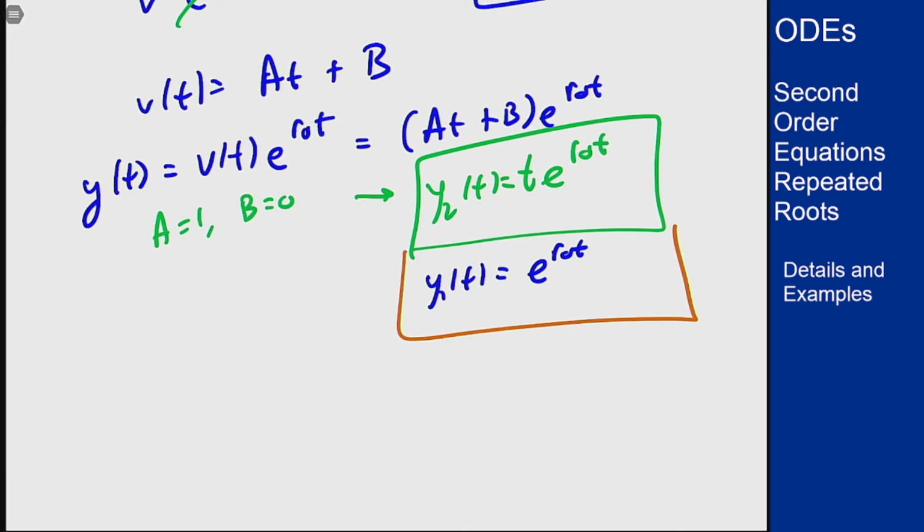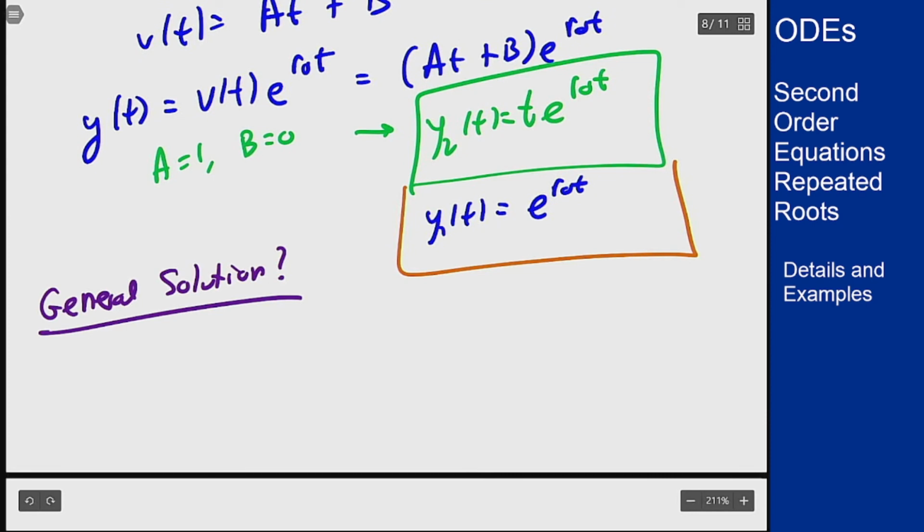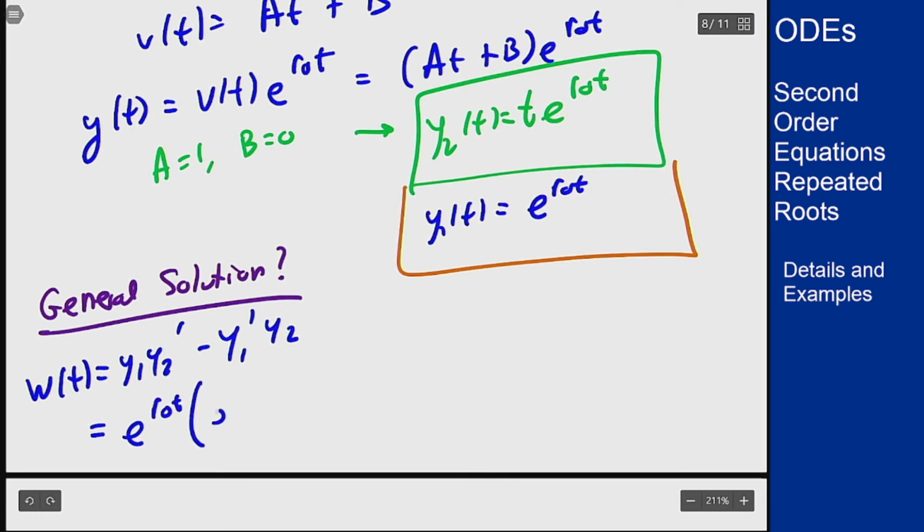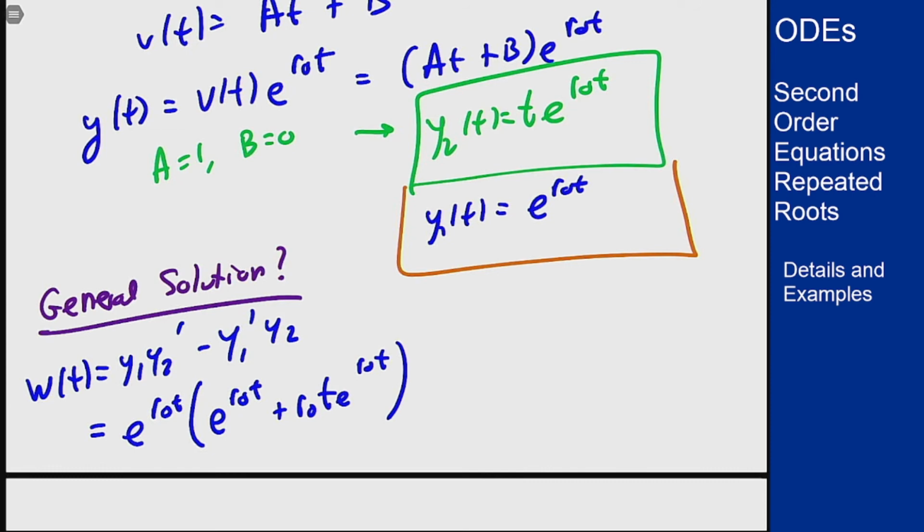We have one last check to make, and that's that this is a general solution. And for that, we need our Wronskian, which, as you recall, is y1 y2 prime minus y1 prime y2, which in this case will be e to the r0t times the derivative of the second, which is a product rule, e to the r0t plus r0t e to the r0t, and then minus y1 prime is just r0 e to the r0t times t e to the r0t.